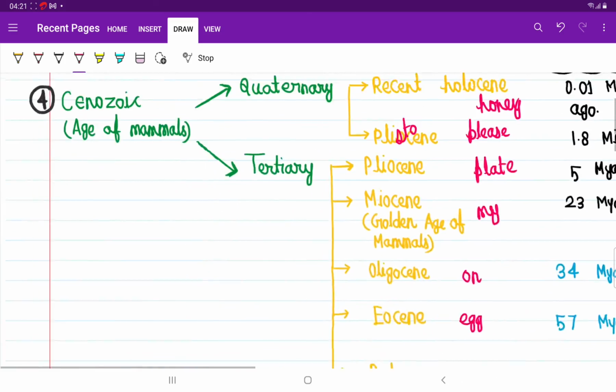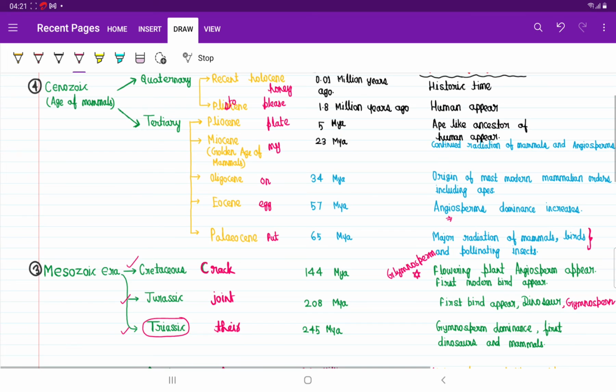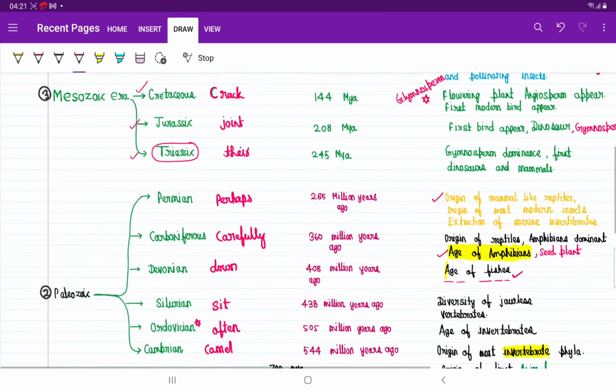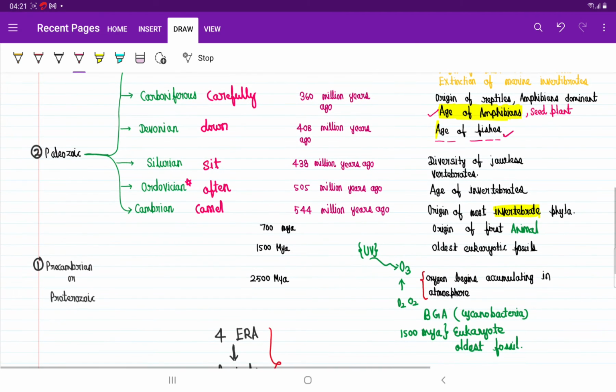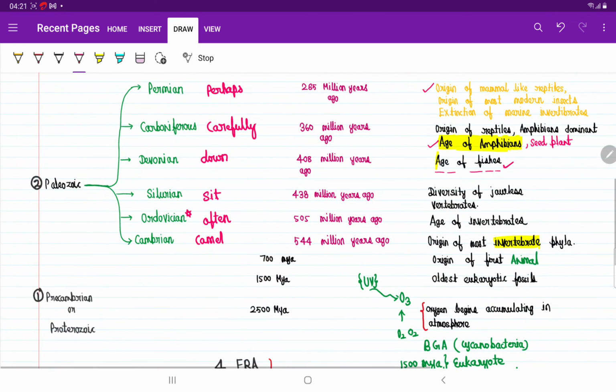Okay, so we can summarize this whole timeline. Precambrian era or Proterozoic era. Why call it Precambrian? Because in the next era the first period is Cambrian. That's why we call it Precambrian. So I can summarize it like this: in the Precambrian era, life originated.